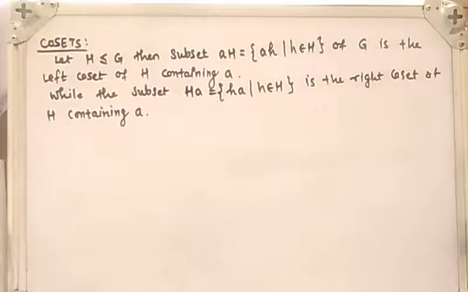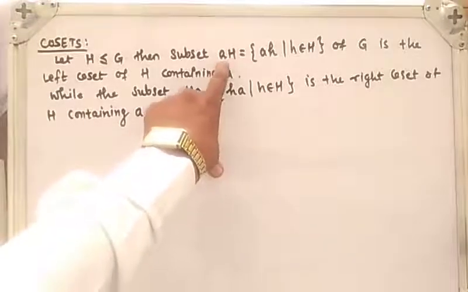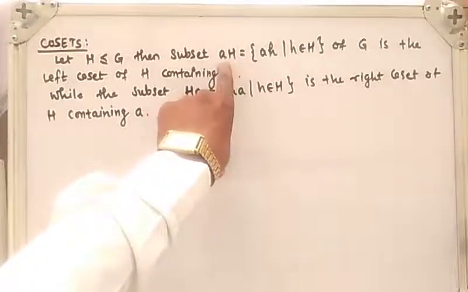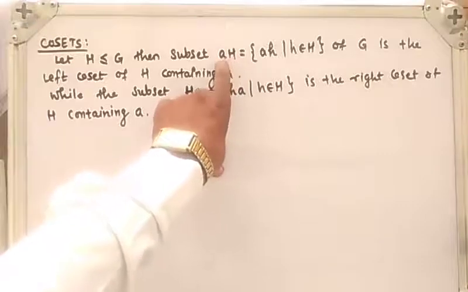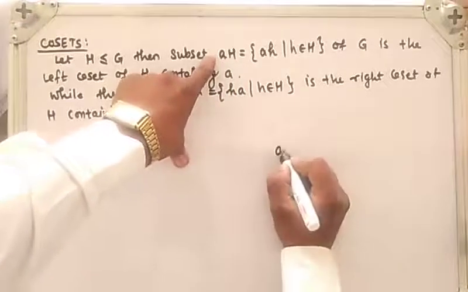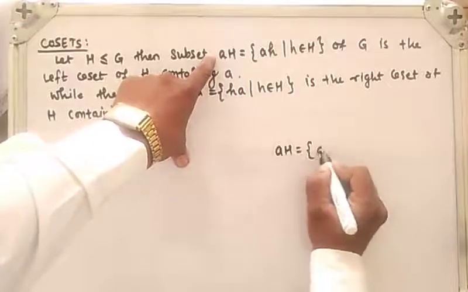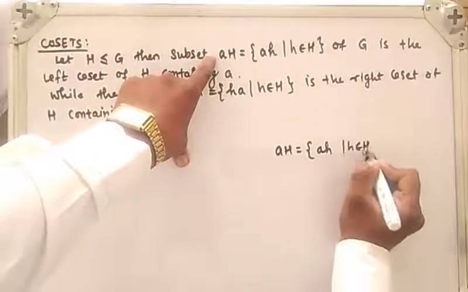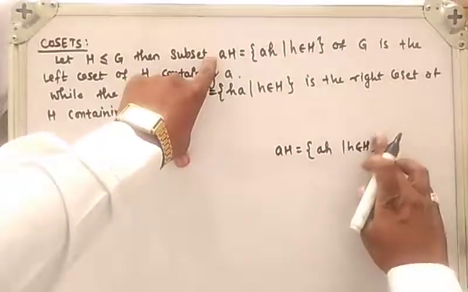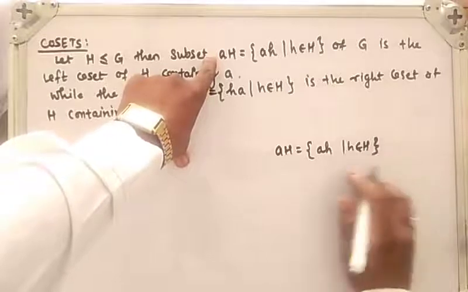So here this is the general definition aH. If the operation is multiplication, then we will write a into h, which can be written as ah such that h belongs to H. Here the operation is multiplication.